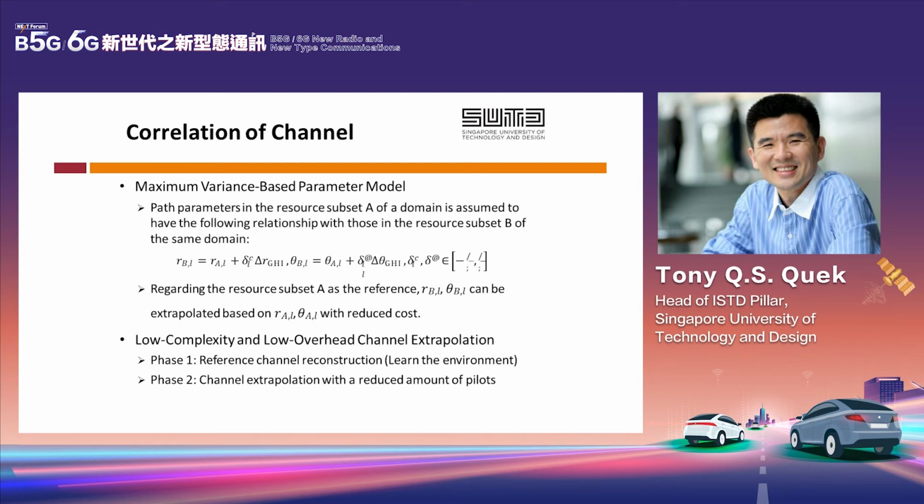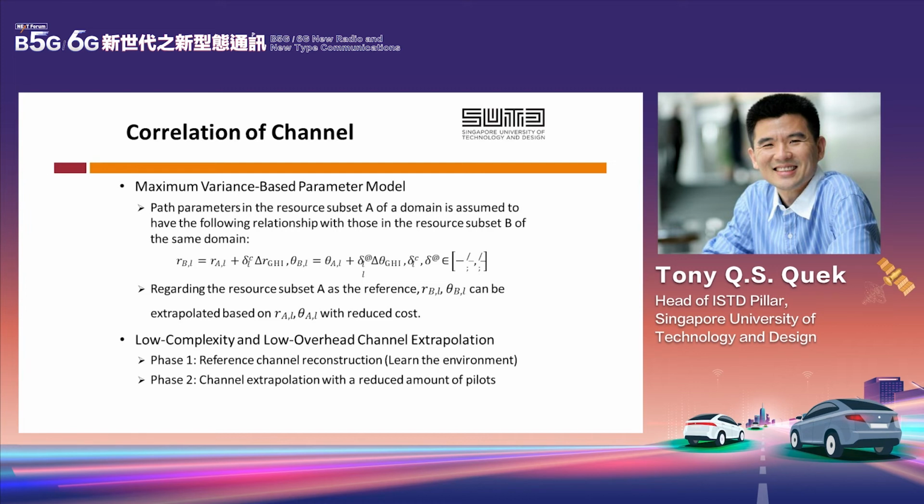For example, delay tau B across path L, tau A across path L. There's a linear relationship with respect to the delay in the two domains, and the angle domain, and essentially I assume that theta is uniformly distributed across -half and half.